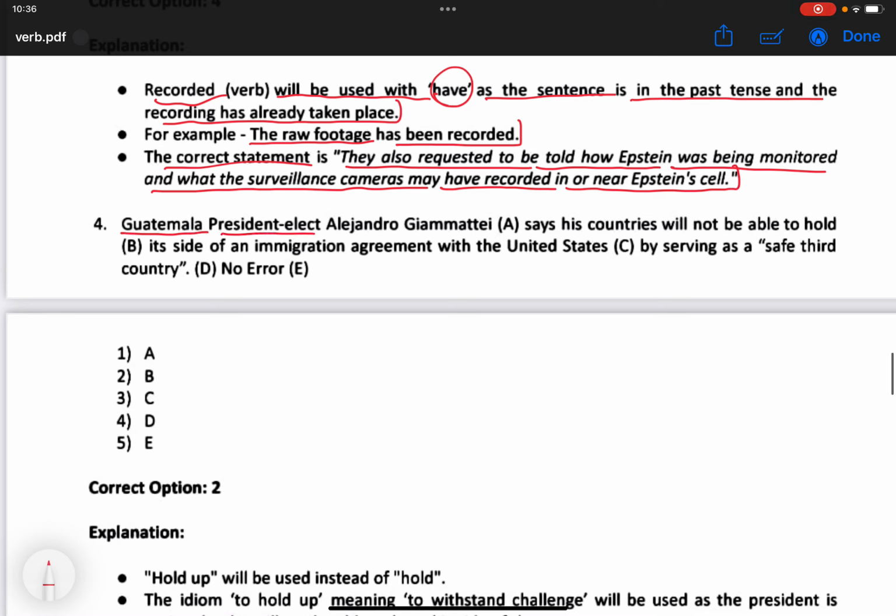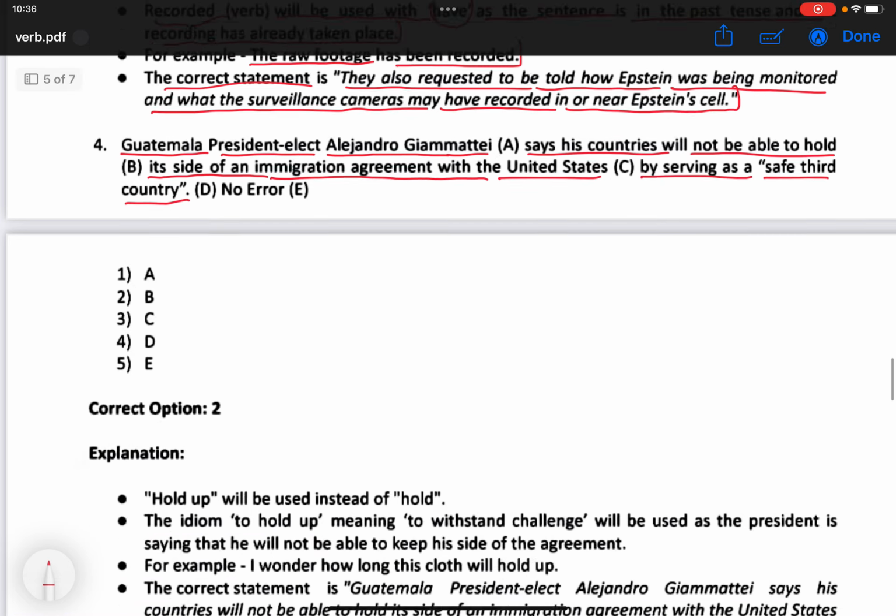Guatemala President-elect Alejandro Giammattei says his country will not be able to hold its side of immigration agreement with the United States by serving as a safe third country.